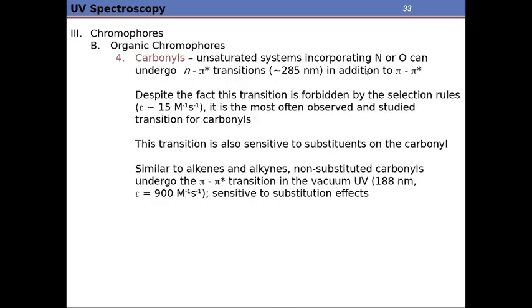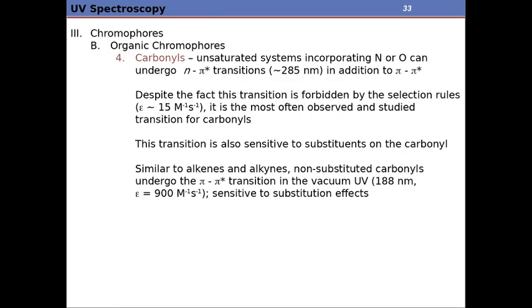And one of the most celebrated cases in electronic spectroscopy is carbonyls, because most organic molecular systems contain carbonyls, like aldehydes, ketones, esters, acids, and so on. This is a very interesting molecular system where both pi to pi star and n to pi star transitions are feasible.